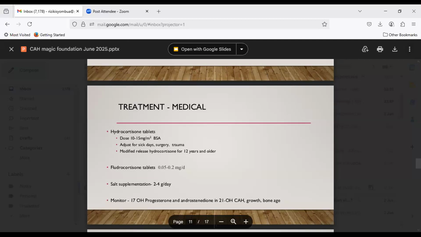So hydrocortisone dose is 10 to 15 milligrams per meter squared body surface area, and we adjust as needed. We usually give half the dose in the morning, a quarter in the afternoon, and a quarter in the evening.